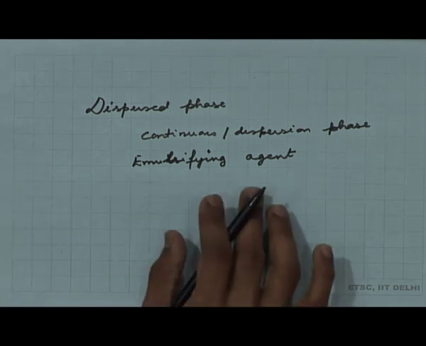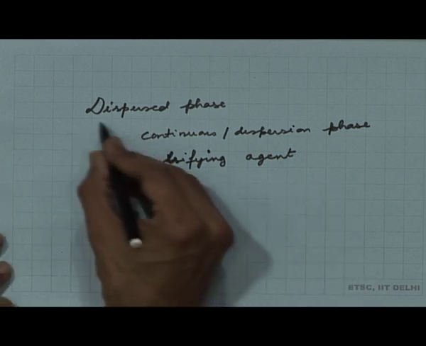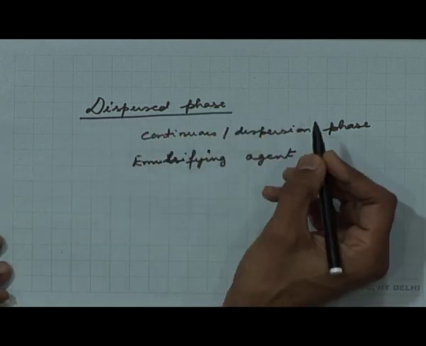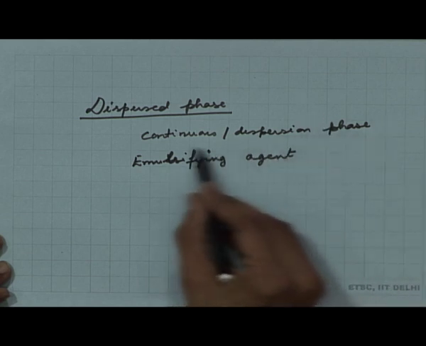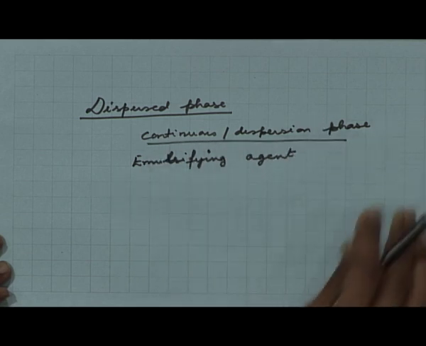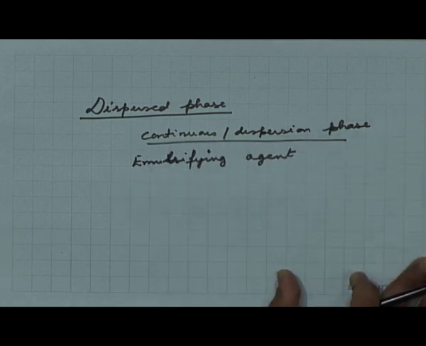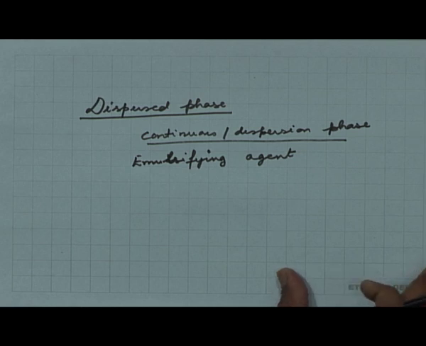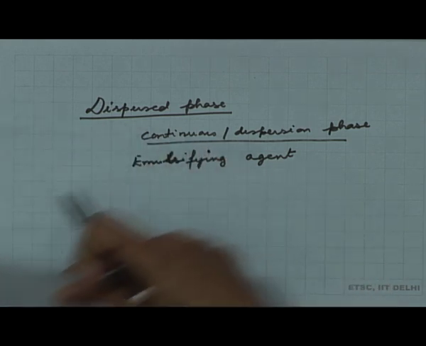If you looked at any colloid, what you would have is a dispersed phase in a continuous or dispersion phase, and there are various ways of doing this. The kinds of things that you could do is that you can have colloids of different types.